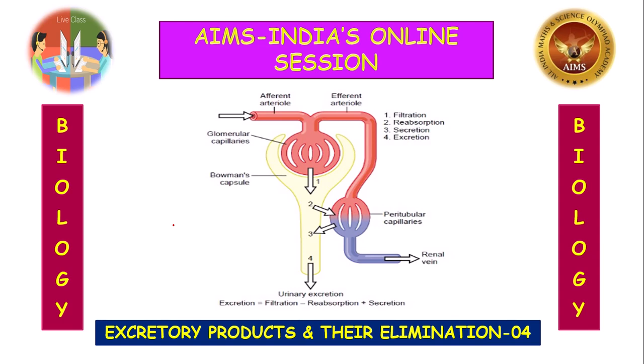Okay, the Malpighian body is nothing but this Bowman's capsule, which is formed by the network of capillaries. What are they? Afferent arteriole and efferent arteriole. The artery which is entering into the nephron is called afferent arteriole, and the artery which is coming out of the nephron is called efferent arteriole.